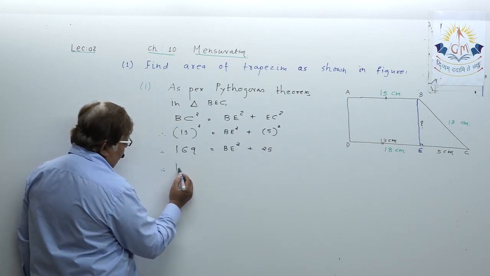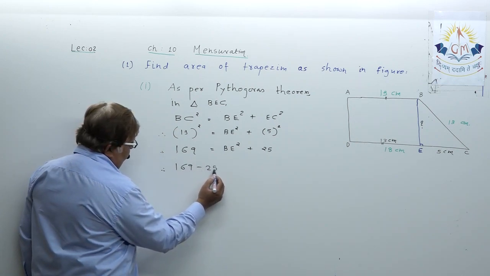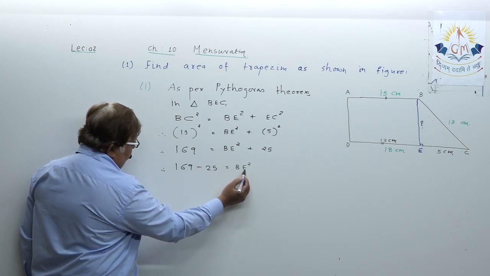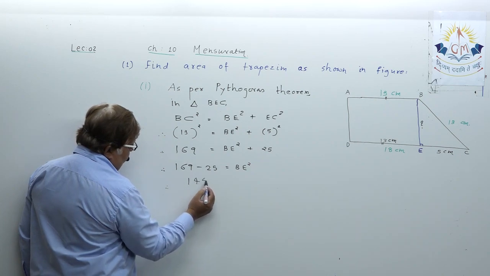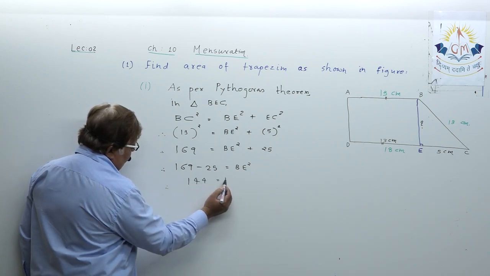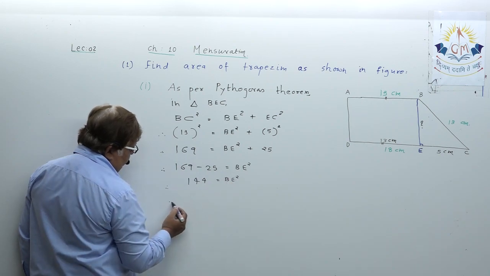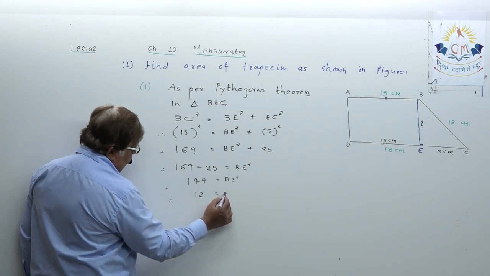Transfer it: 169 minus 25 equals BE square. 144 equals BE square, therefore 12 equals BE.